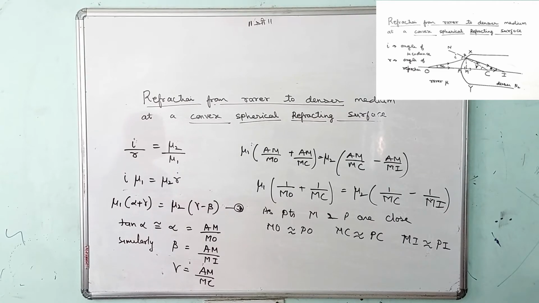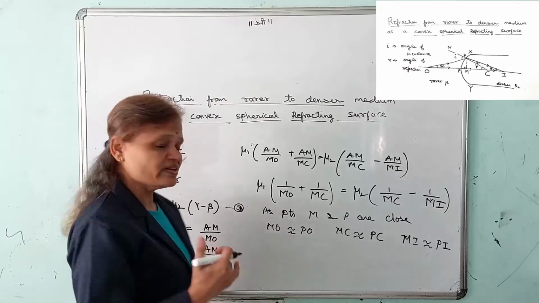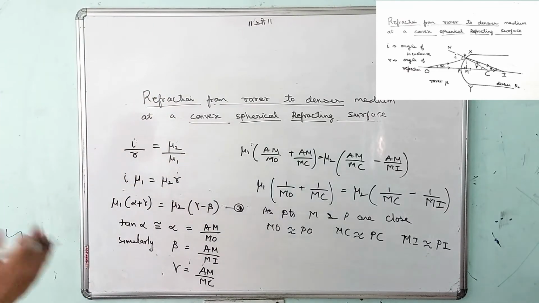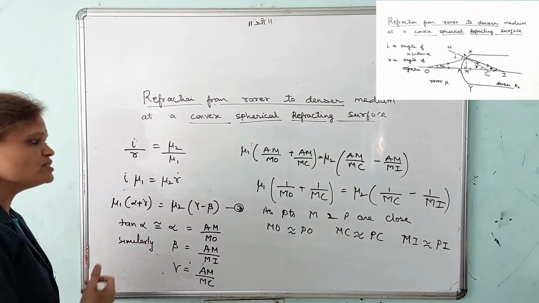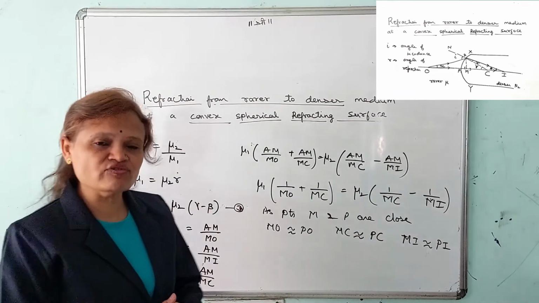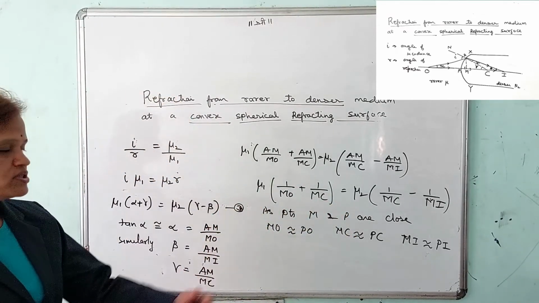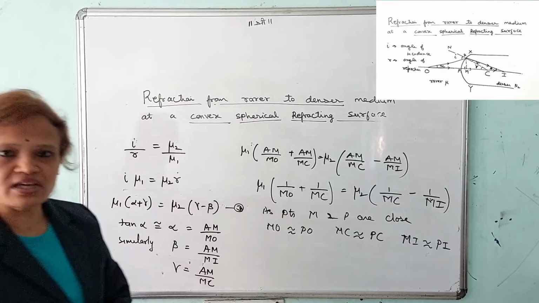Now if you see the ray diagram, PO: always, whether it is a mirror or lens or refractive surface, we measure distances from the center. So PO, we don't say OP, because it follows the sign convention: the positive x-axis distance will be positive, the negative x-axis distance will be negative.